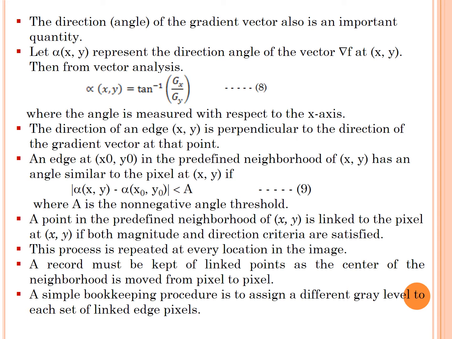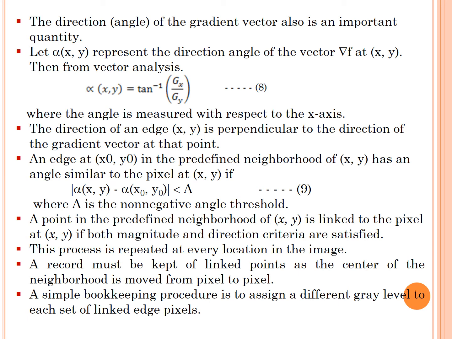The direction of an edge at (x,y) is perpendicular to the direction of the gradient vector at that point. An edge at (x0,y0) in the predefined neighborhood of (x,y) has an angle similar to the pixel at (x,y) if the absolute value of alpha(x,y) minus alpha(x0,y0) is less than A, where A is a non-negative angle threshold.